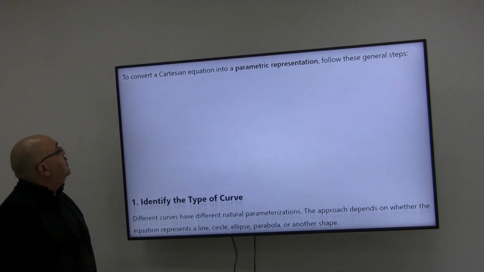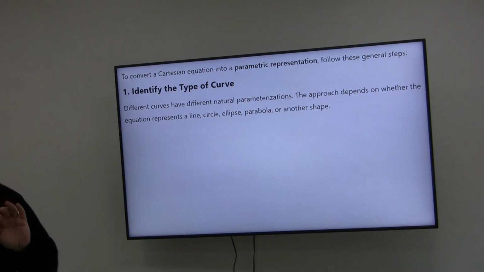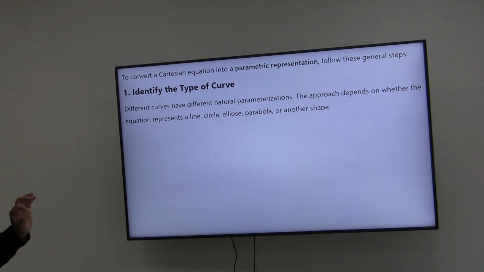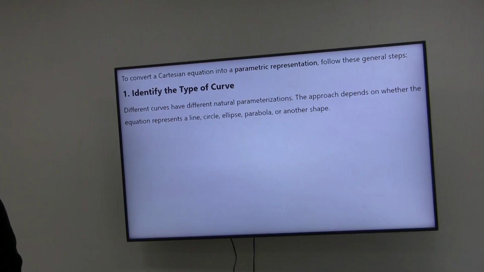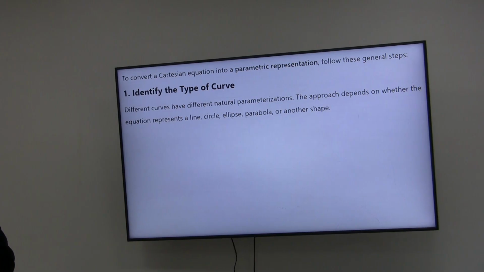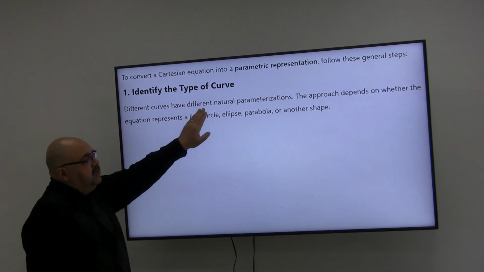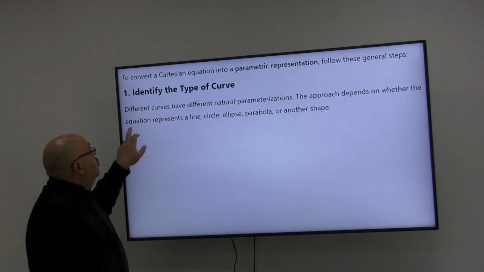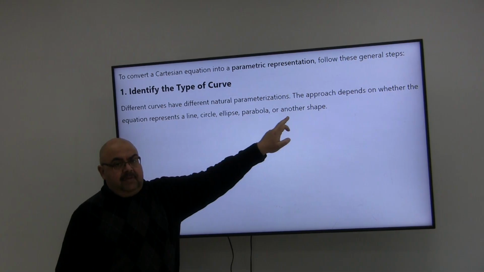That's for this slide. To convert a Cartesian equation into parametric form, we will have to follow some steps. The steps are very, very simple. This part is very important. Different curves have different natural parameterizations. The approach depends on whether the equation represents a line, circle, ellipse, parabola, or any other shape.